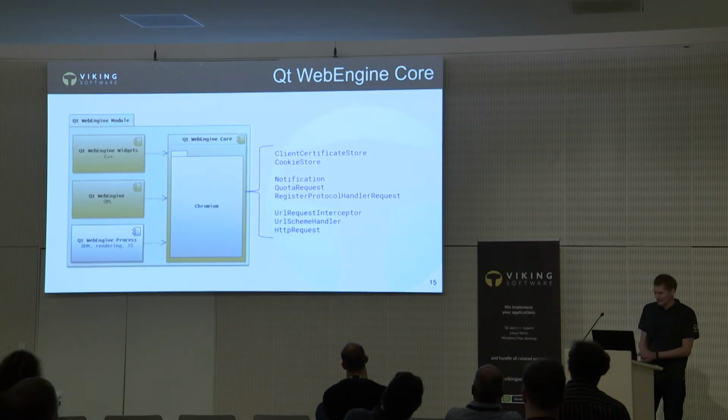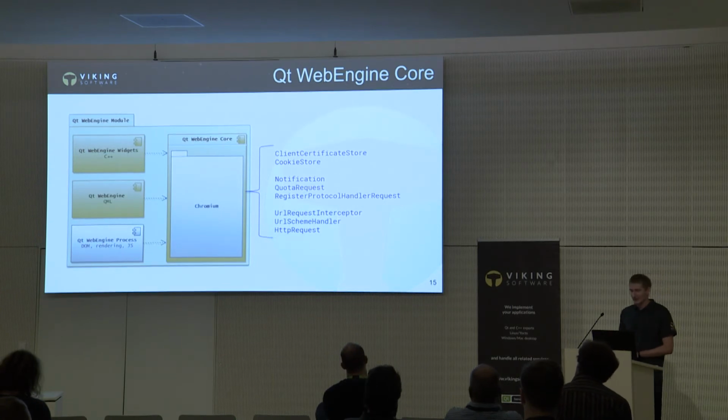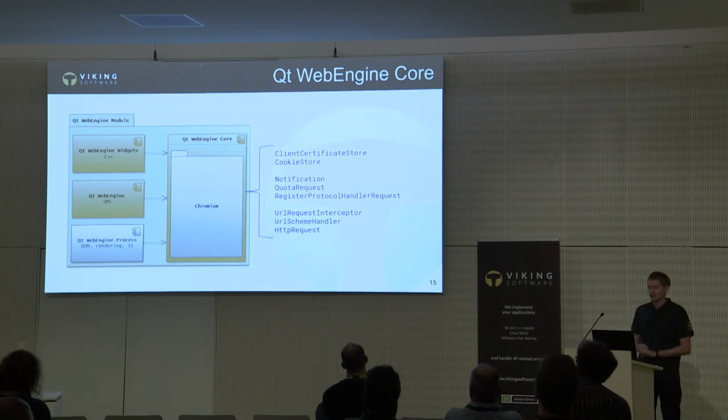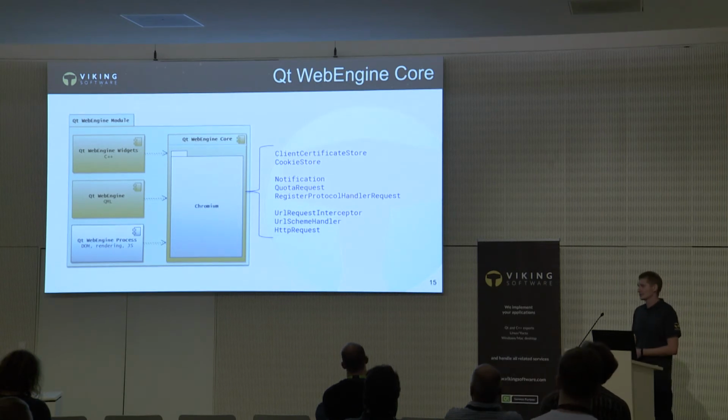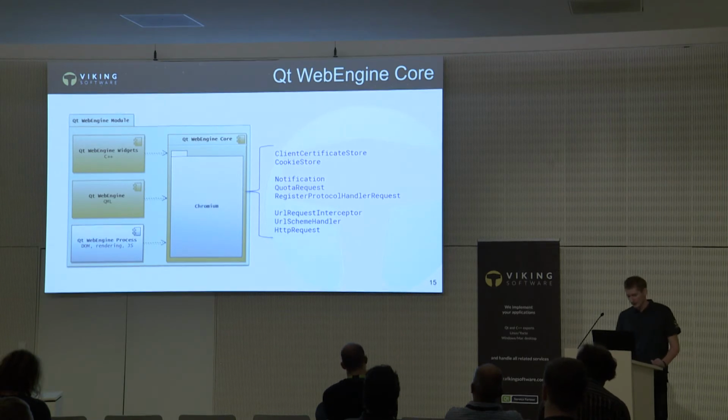Yeah, sorry. The two other submodules, WebEngine and WebEngine widgets, are actually almost the same. The difference is purpose. One is intended to be used from the C++ side, and another is for Qt Quick QML.